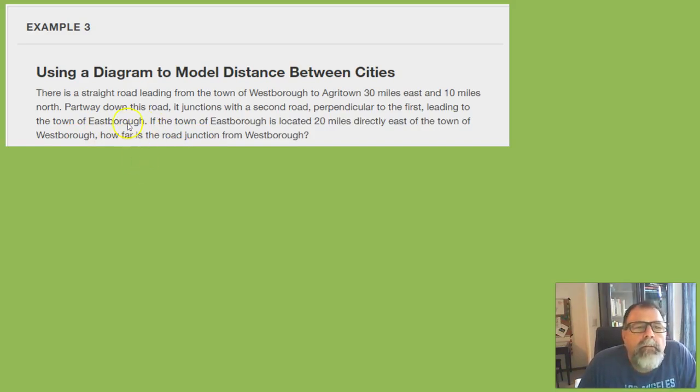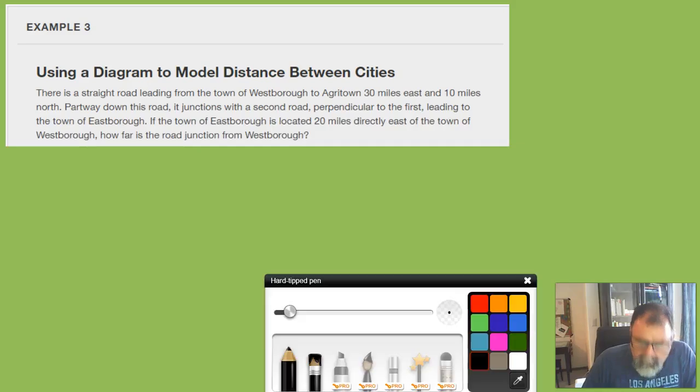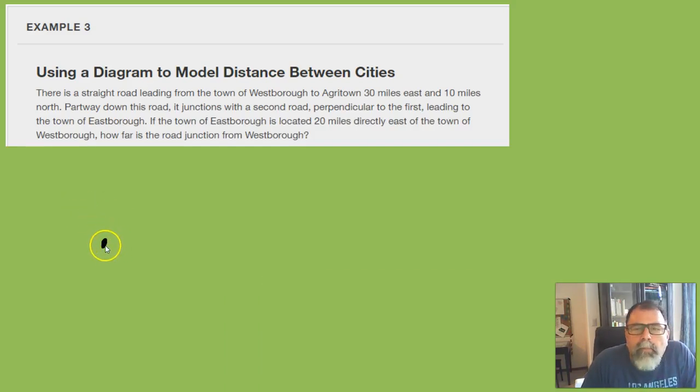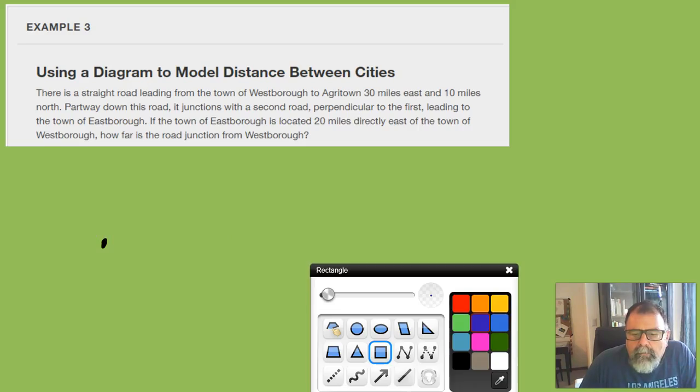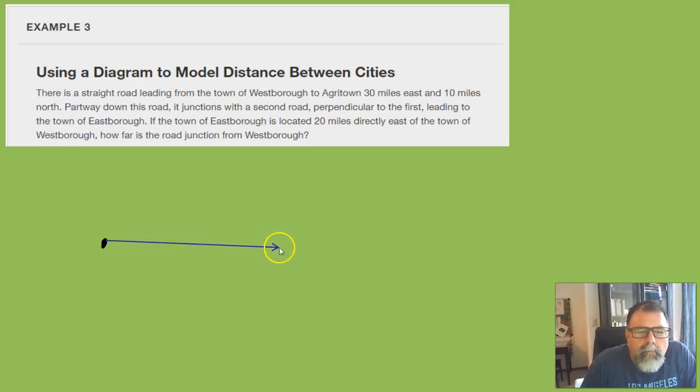Okay, so let's see. There's a straight road leading from the town of Westboro to 30 miles east and 10 miles north. Okay, so let's see here. If we think of this like on an axis, we want to go 30 miles east, and then 10 miles north, say something like that.